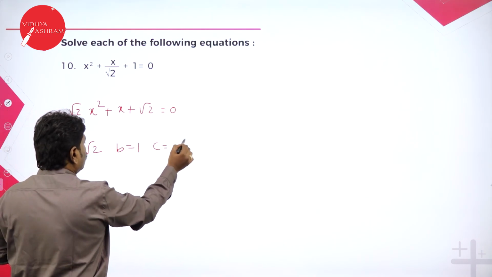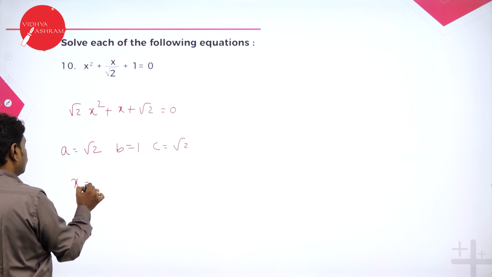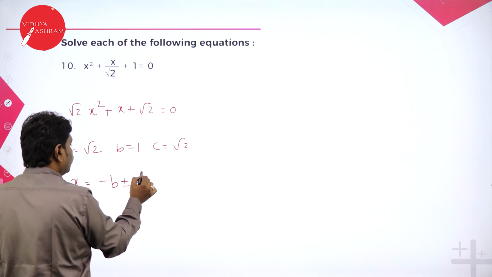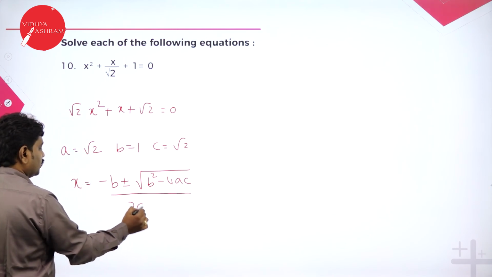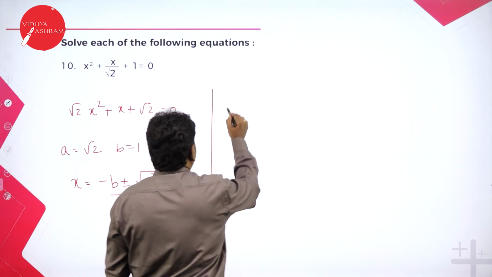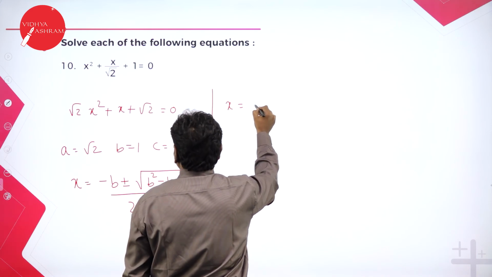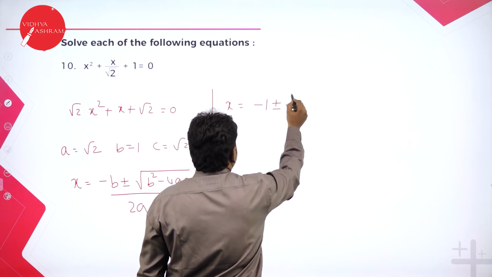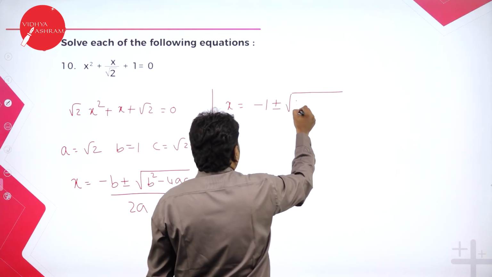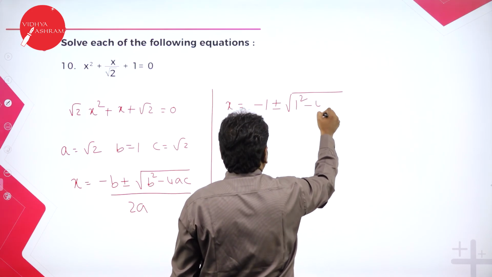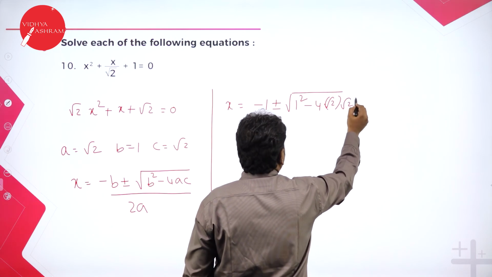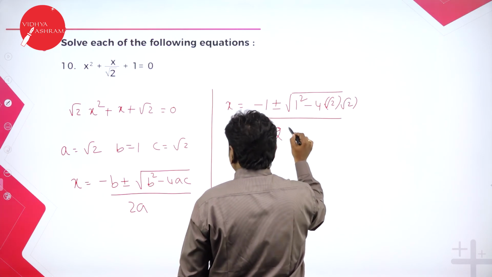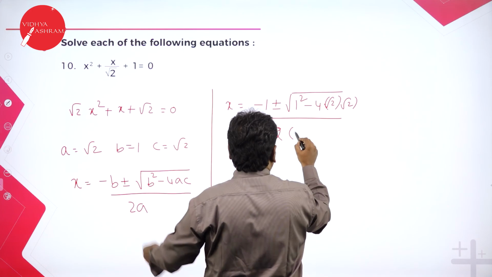What is c? Root 2. So now x is minus b plus or minus root of b square minus 4ac divided by 2a. Minus b is minus 1 plus or minus root of b square, 1 square, minus 4a into c, root 2 into root 2, divided by 2a, 2 times root 2.